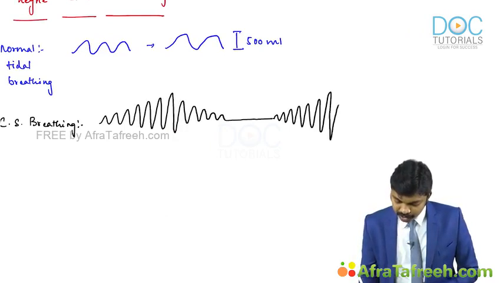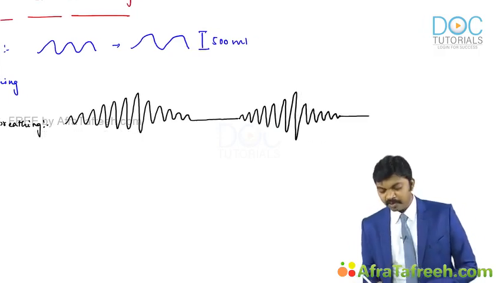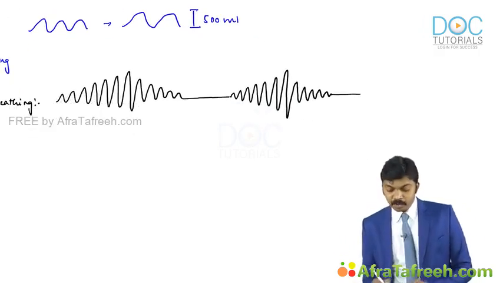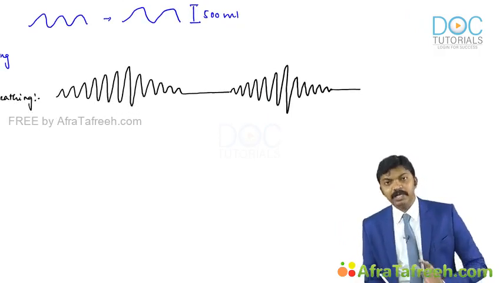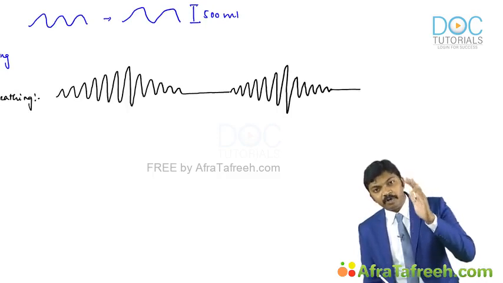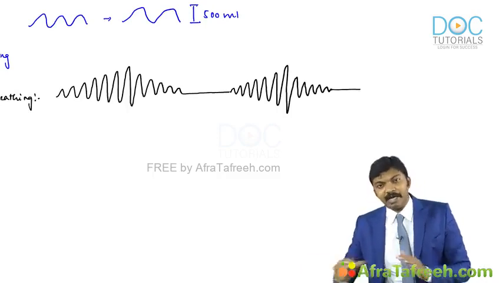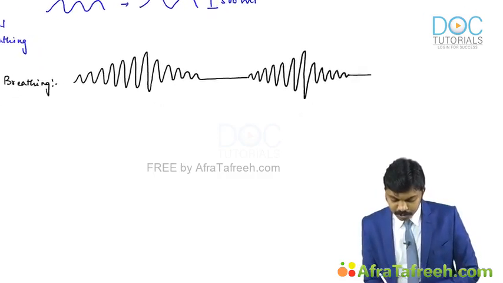So the whole cycle repeats. There is going to be a crescendo-decrescendo pattern of depth of respiration. So this gradual increase in tidal volume leading to a peak, followed by a gradual reduction in tidal volume ending up in apnea, is called Cheyne-Stokes breathing.